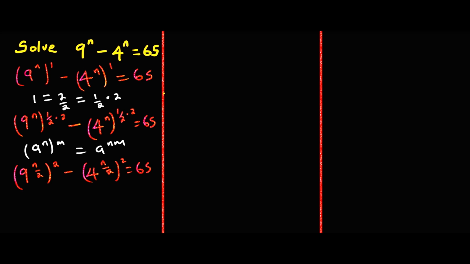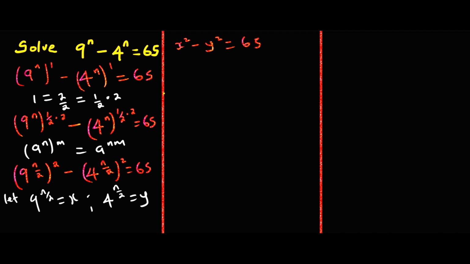So now we can let the terms inside the bracket be other numbers. Like we can say let 9 raised to the power n over 2 be x, and the second one, that is 4 raised to the power n over 2, be y. So if we write the equation, it will be x squared minus y squared is equal to 65.